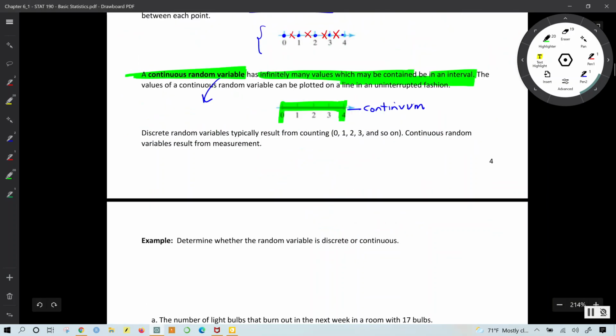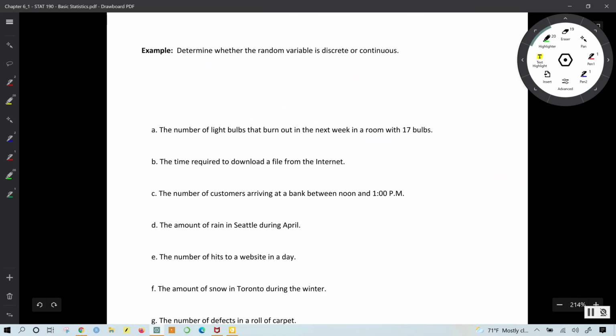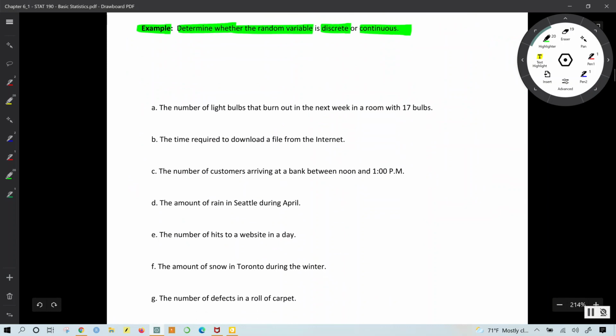With that said, let us see an example where we will learn to determine whether a random variable is discrete or continuous. You want to recall that for discrete, the punchline is its values come from a counting operation, and it can only take integer or count values.